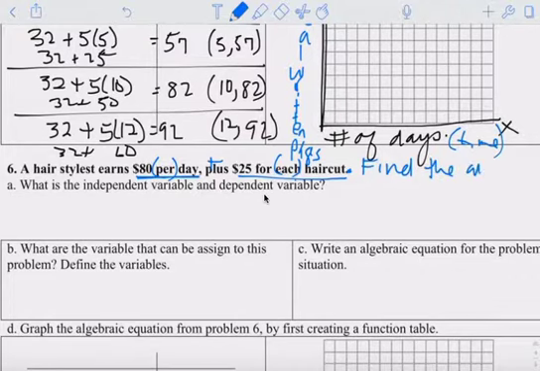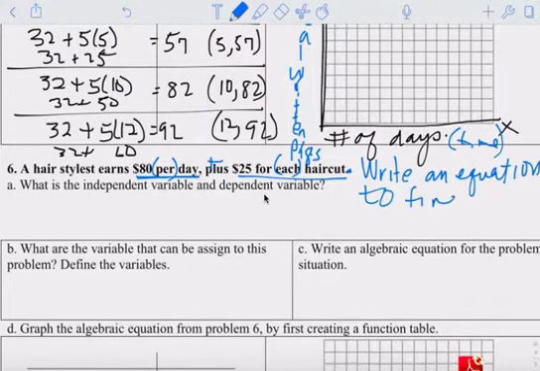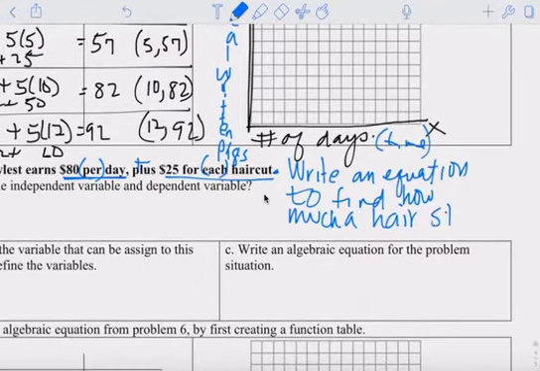Write an equation to find how much a hairstylist can make in one day. Yeah, I wrote this wrong. In one day.